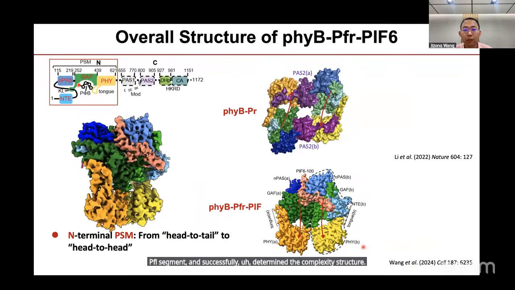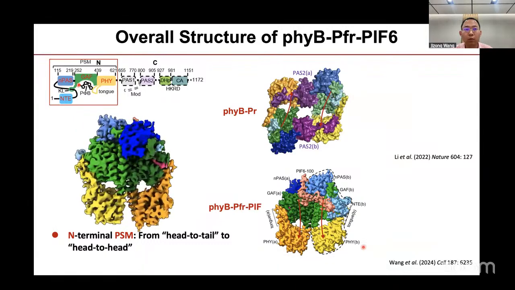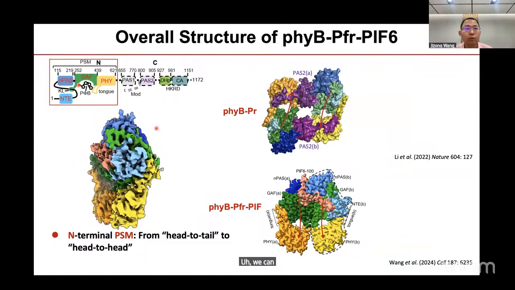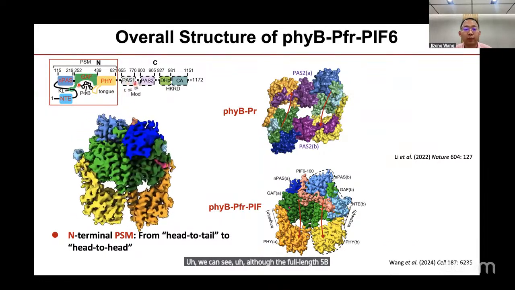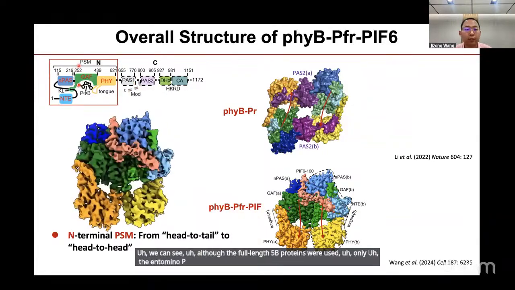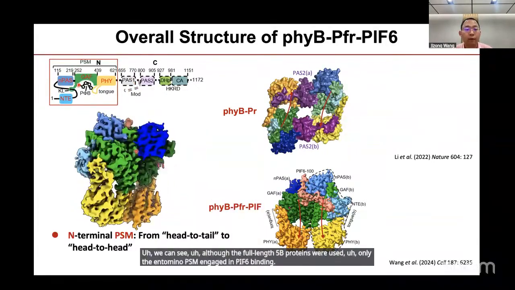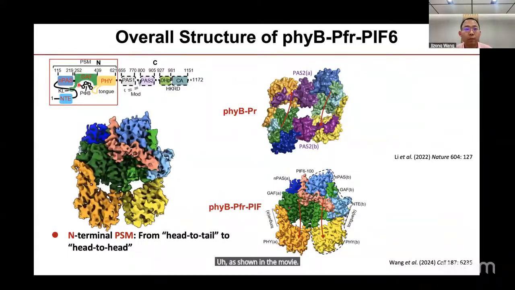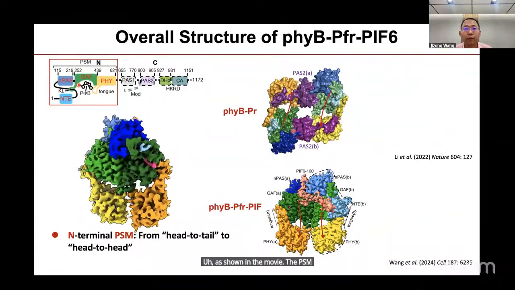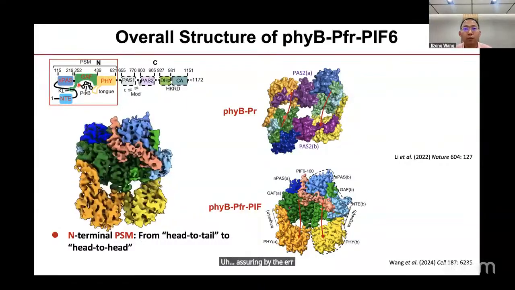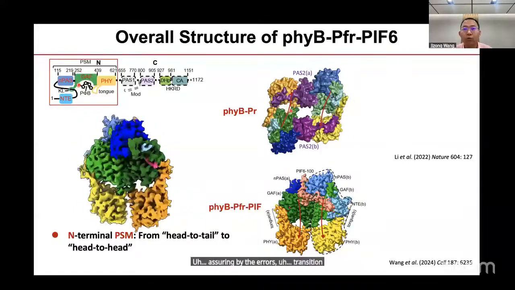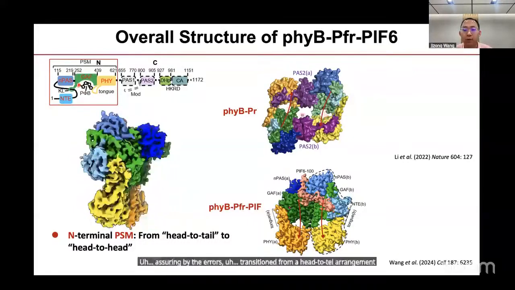We can see that although the full-length phyB proteins were used, only the N-terminal PSM engaged in PIF6 binding, as shown in the movie. The PSM dimer, as shown by the arrows, transitioned from a head-to-tail arrangement in the PR state to a head-to-head conformation in the PFR state.